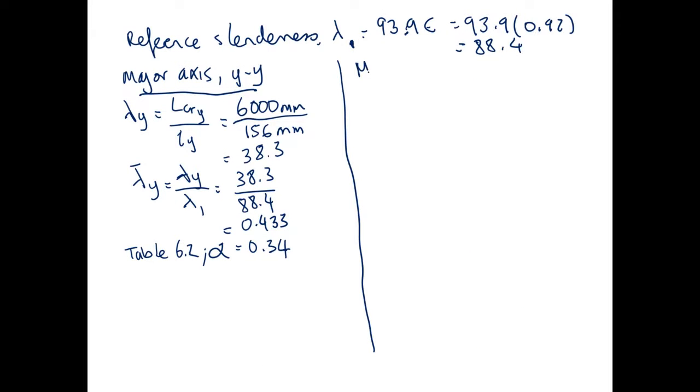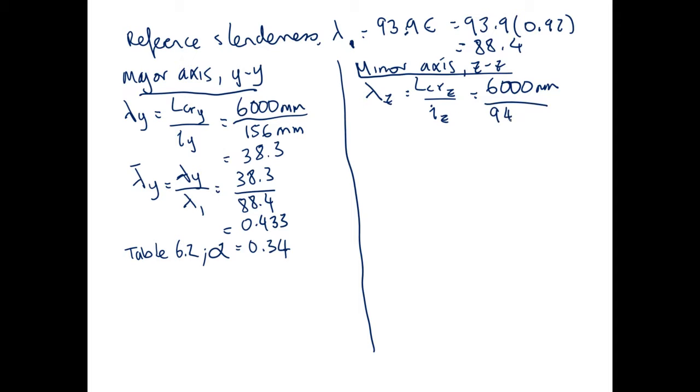If we take the minor axis, the ZZ axis, the slenderness value again is going to be the critical buckling length about the Z axis divided by the radius of gyration about the Z. So that's 6,000 millimeters divided by, from the blue book, 9.43 centimeters, which is 94.3 millimeters. That gives us a slenderness value of 63.6.